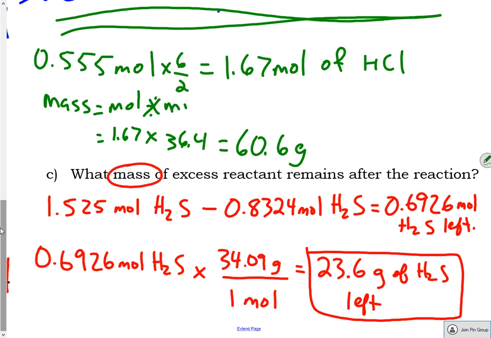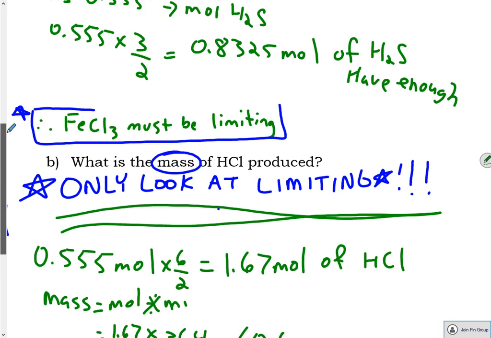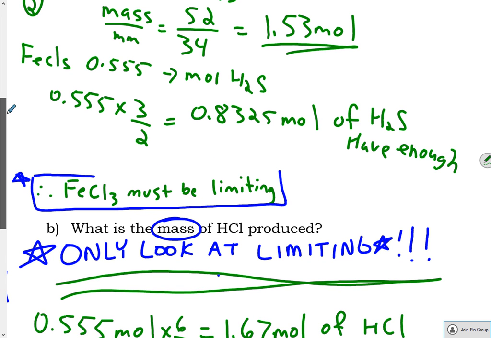And then for the last part here, what is the mass of the excess reactant? All you do is you need this much H2S for the reaction. You know you have this much in your original with the mass you have.